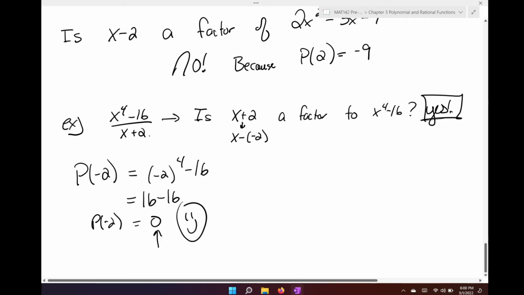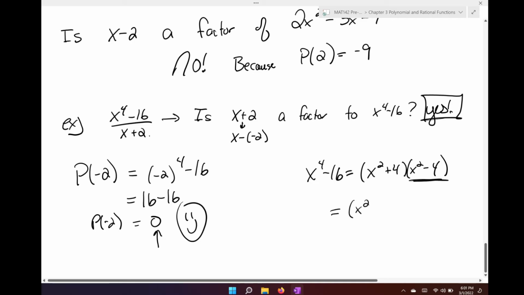Now, the reason why I chose this problem is that x to the 4th minus 16 is something that we should know how to factor by now. This factors into x squared plus 4 and x squared minus 4. And if you notice, x squared minus 4 is a difference of squares, which means we can factor it even further.